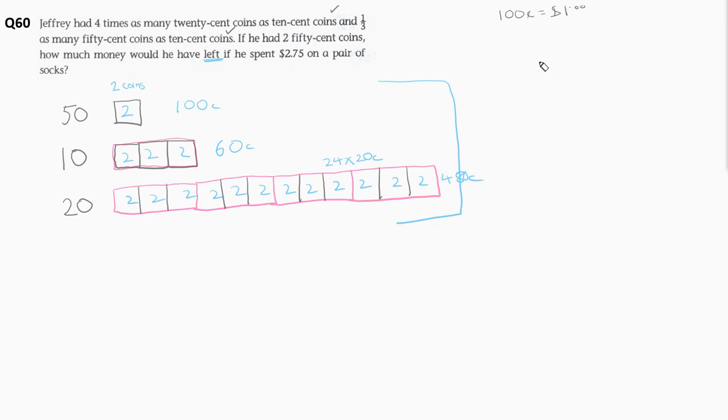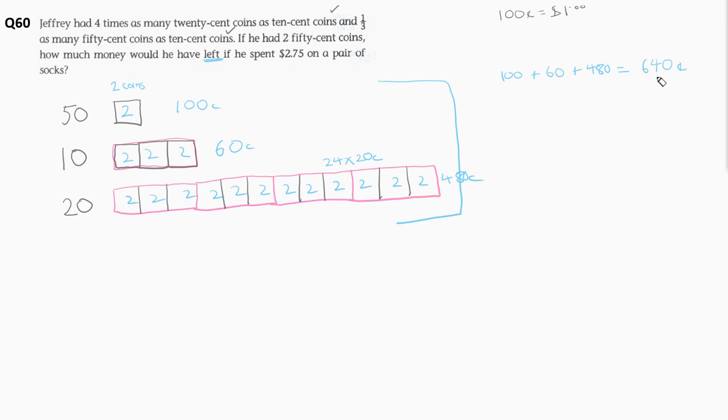And we could then just add that up. Okay, so what's 100? You could do this in a column addition. It's not what I'm trying to show you in this video, so I'm not going to spend time on that. So we've got 100 plus 60 plus 480, and that gives us a grand total of 640 cents.